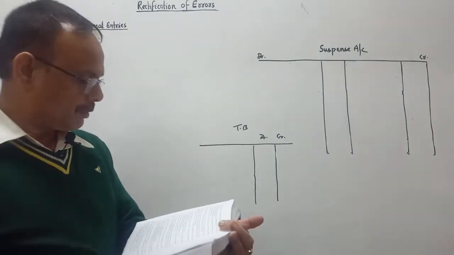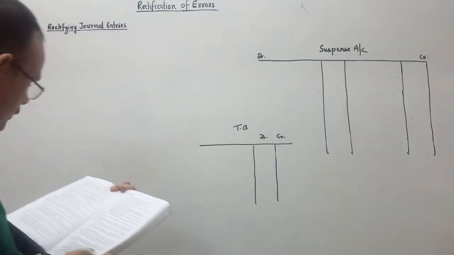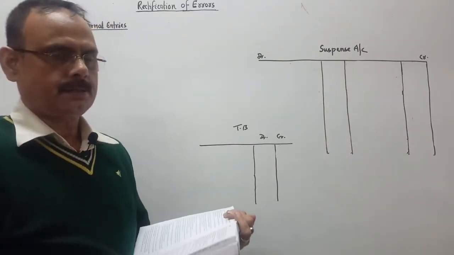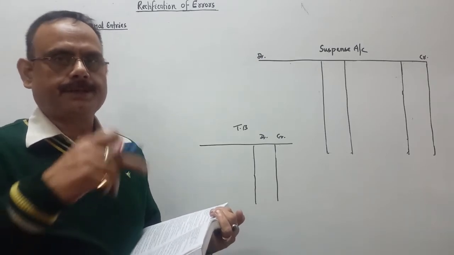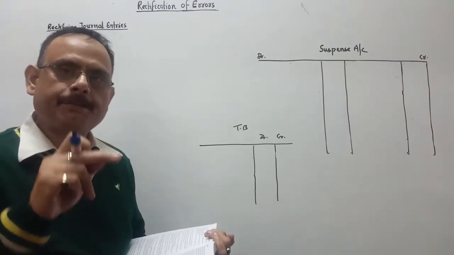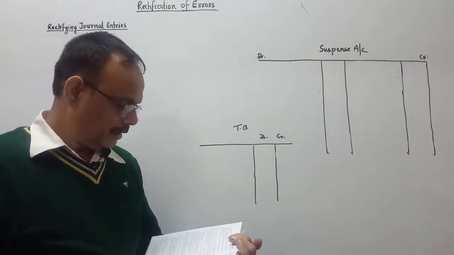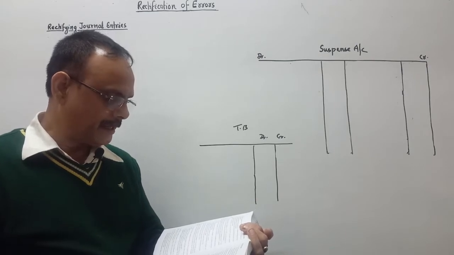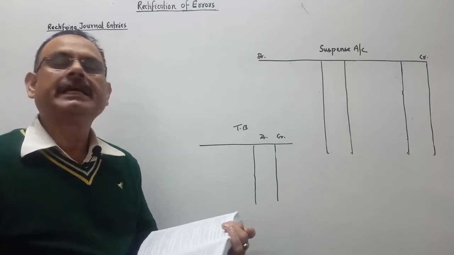So the errors are: number 1, A is the total of the return outward book. Return outward book means purchase return book. So the total of the return outward book, 420, has not been posted in the ledger.